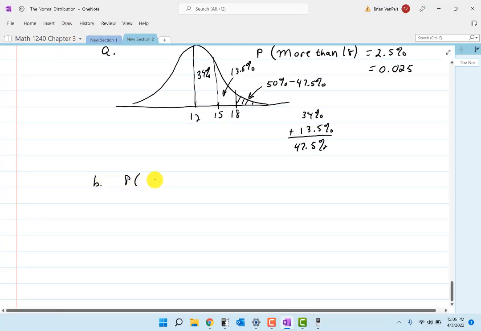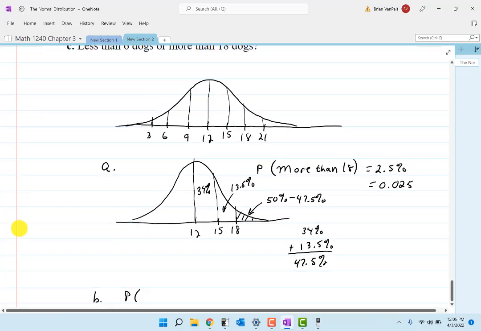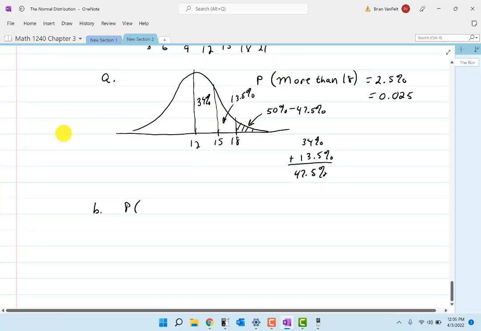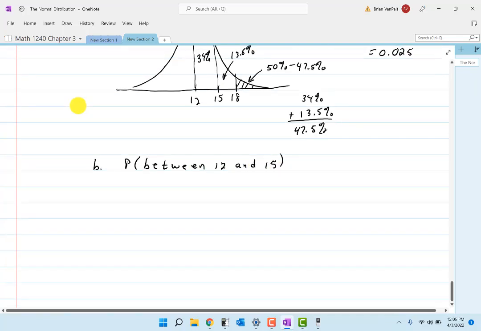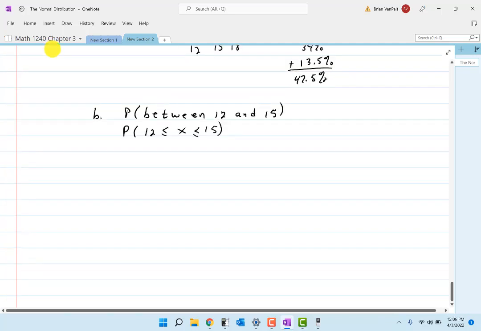Next, we want the probability of, what did it say? Between 12 and 15 dogs. So what you might want to do and get used to it is this. We actually want the probability that our X values are between 12 and 15. This is really mathematically how it looks.